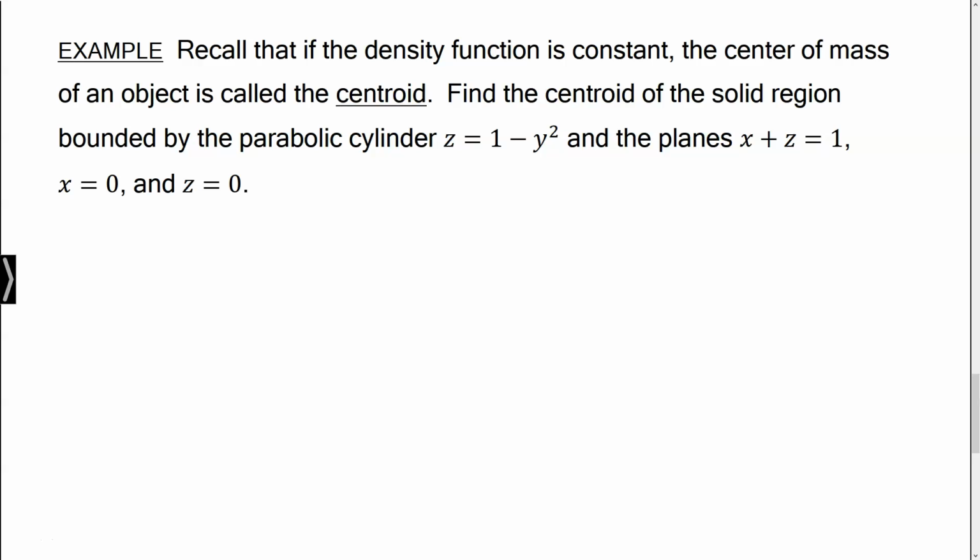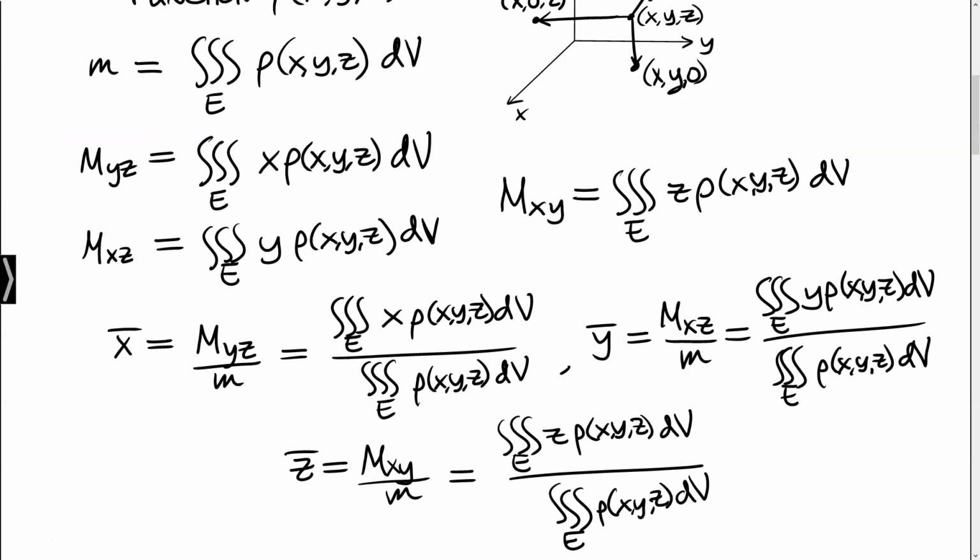In fact, let's go back up to the first page. So for instance, if we look at x bar here, you could take the rho of x, y, z and take that completely out of the triple integral because it's just a constant rho. So it could just go out like this. And you could do the same thing here. Rho comes out as a constant, and then the 2 rhos cancel.